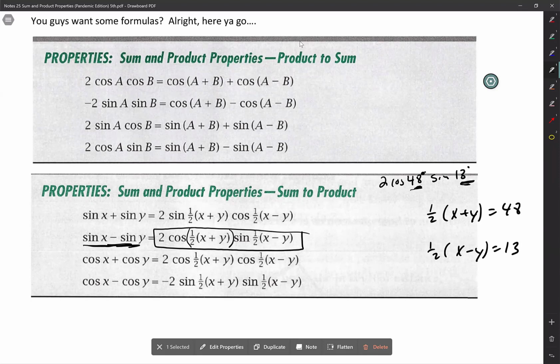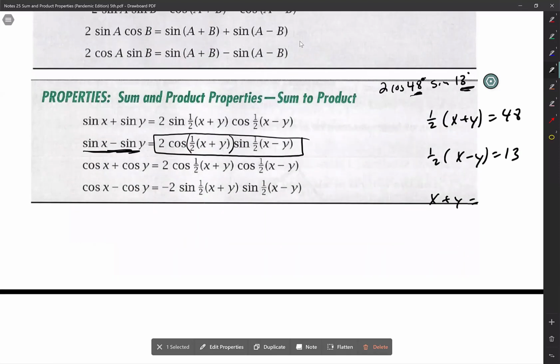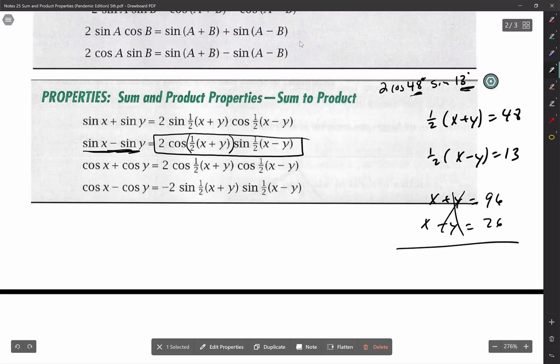This looks kind of complicated to me. Times 2, x plus y equals 96, and then x minus y equals 26. I guess you can figure it out real quick. 2x equals 96 plus 26.